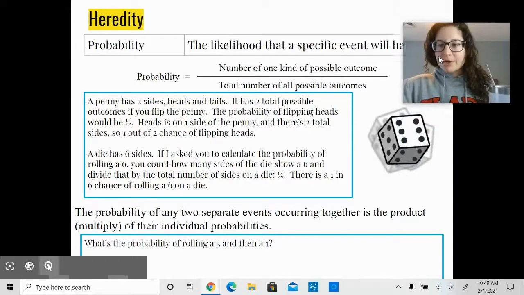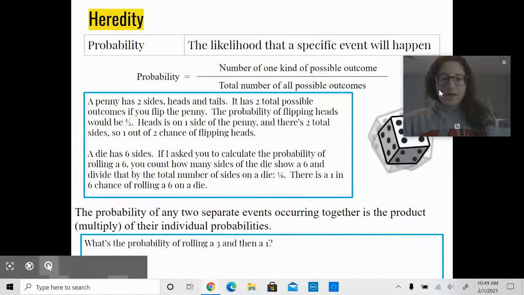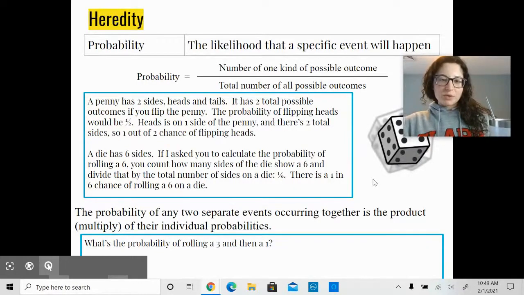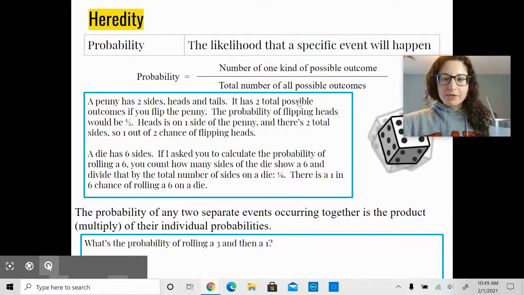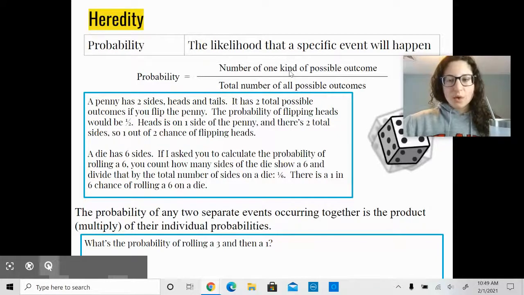So let's talk about what this really means. And I did already give a couple of examples we're going to use. So if we look at a penny, for example, a coin, it has a heads and a tails. That's 2 sides. So it has a total of 2 possible outcomes. That would be your denominator on the bottom here. And if we wanted to calculate the probability of flipping heads, that would be 1 out of 2 sides. So heads is on one side.